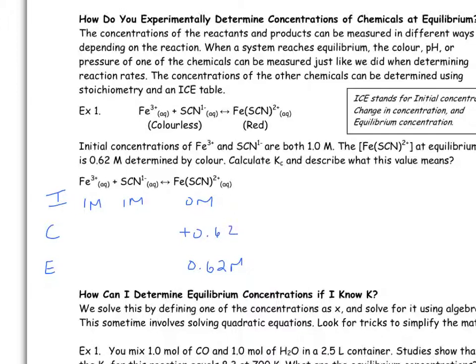Now to move from one chemical to another, you need to multiply by a mole ratio. In this case, I have a 1 to 1 mole ratio. But I'm also moving across the arrow. When you do that, you flip the sign. The reason is that for every one of these that gets made, you will use up a thiocyanate ion.